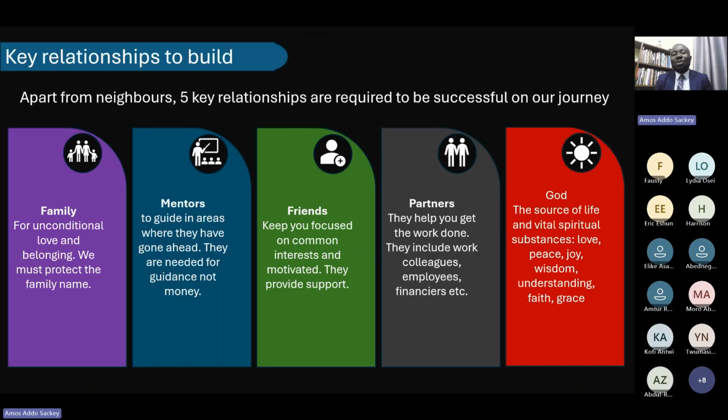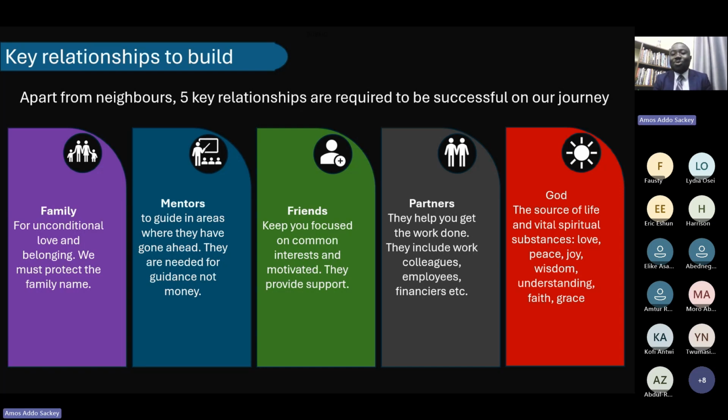So this could be your work colleagues, could be your employees. Some of us have ideas that we need financiers to help us. You may have the idea, you are willing to do it, but you don't have the money. Now the one who has the money and is willing to partner with you becomes very key to your success, and is your partner.